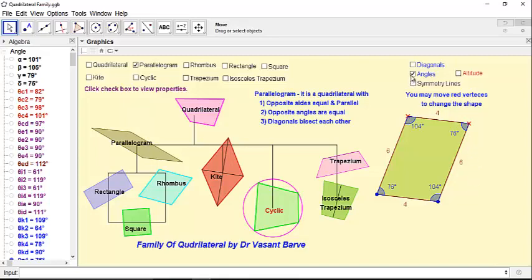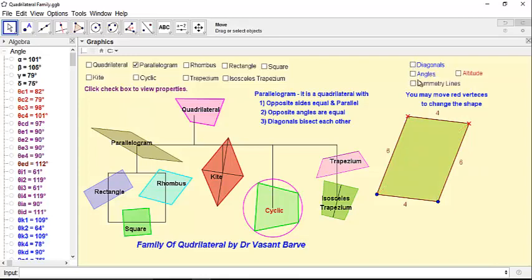Okay. Now let's see what about the diagonals. Now if you click on the diagonals, you'll see that diagonals are cutting each other in equal parts, but the diagonals themselves are not equal. The angle is not 90 degrees, that is, they are not cutting each other at right angles. Okay. Let's see whether there is a symmetry.